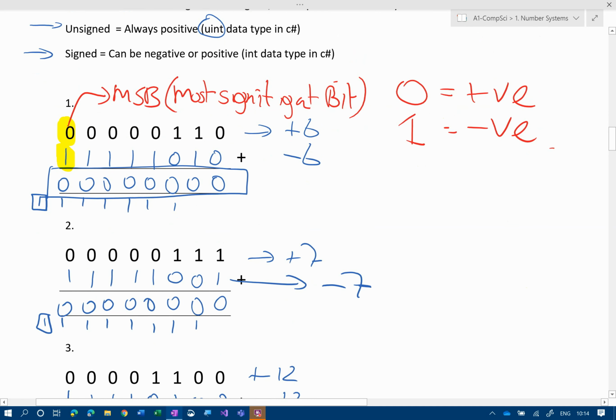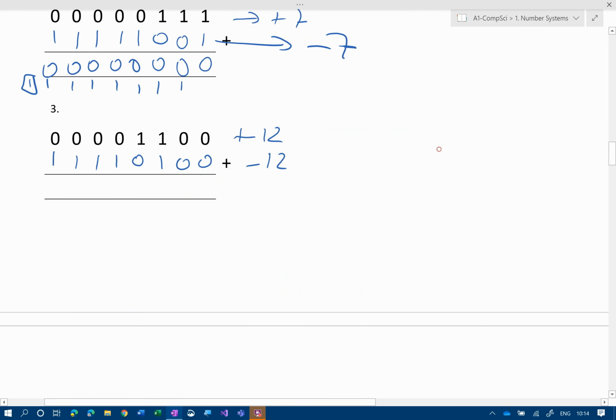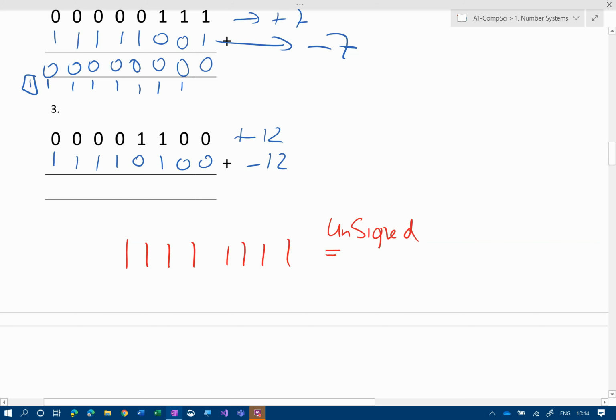So that means all of a sudden, if we have a number like this, 1, 2, 3, 4, 1, 2, 3, 4, that number, if it's unsigned, with the column headers over there, 1, 2, 4, 8, becomes equal to 255.